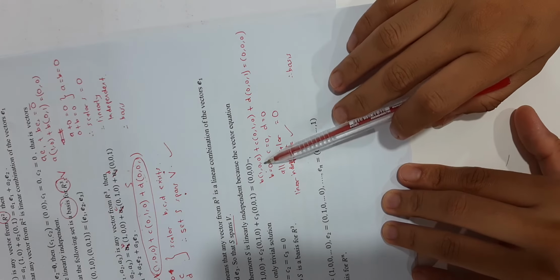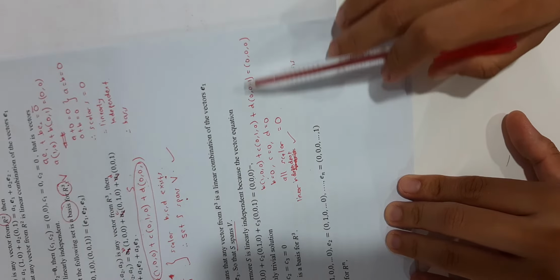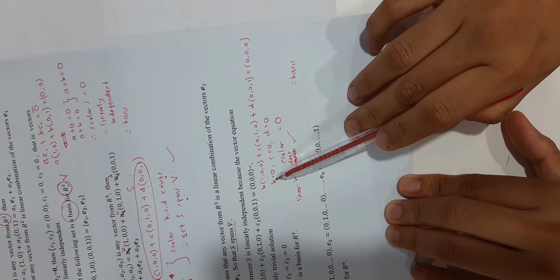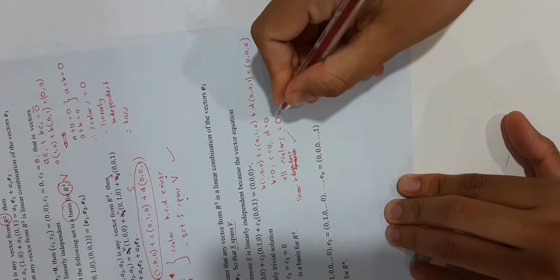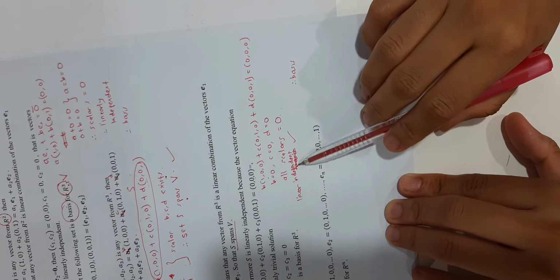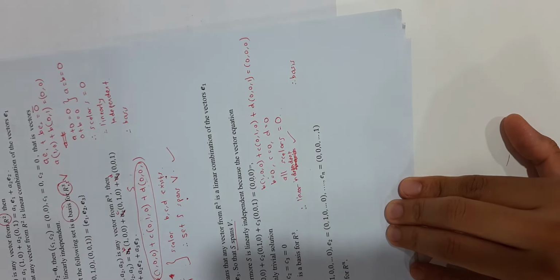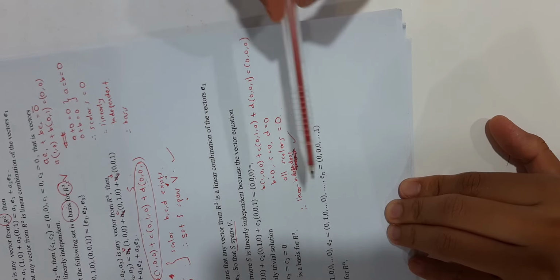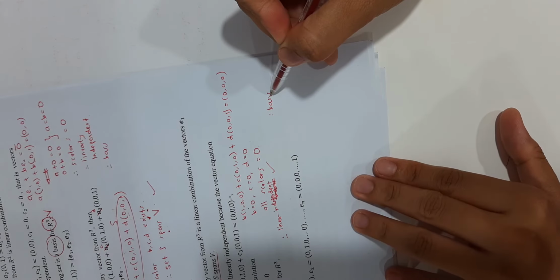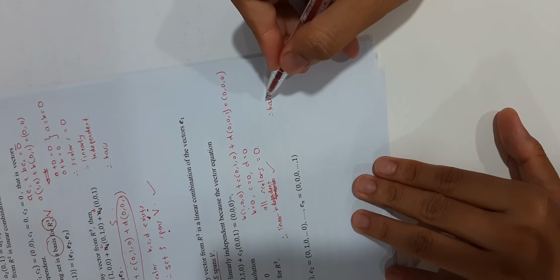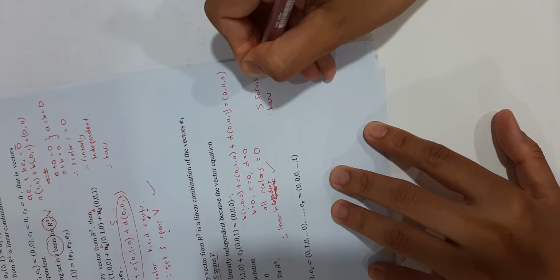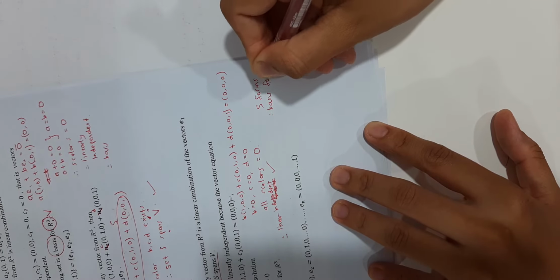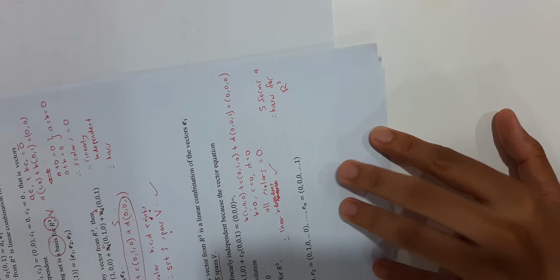If you simplify this and compare the left hand side and the right hand side, you will get that B is 0, C is 0, D is 0. So all scalars are equal to 0. For that reason, it is linearly independent. This is the second conclusion. So first conclusion plus second conclusion, you can make the big conclusion that it is a basis. The proper conclusion here is: S forms a basis for R3.